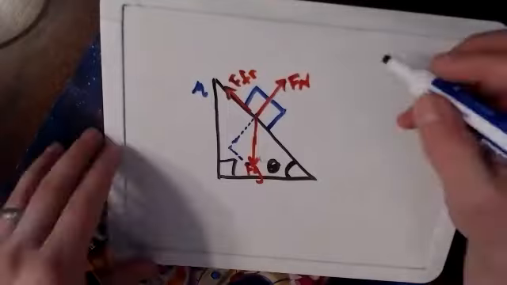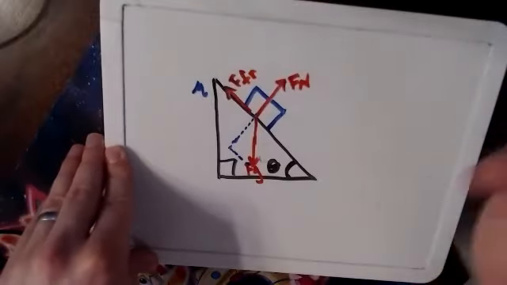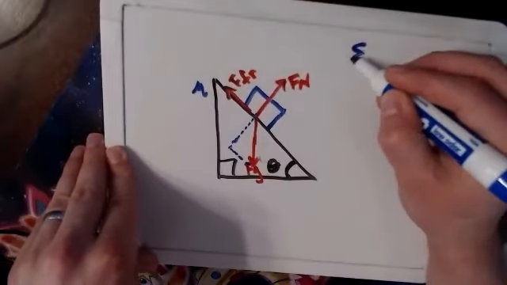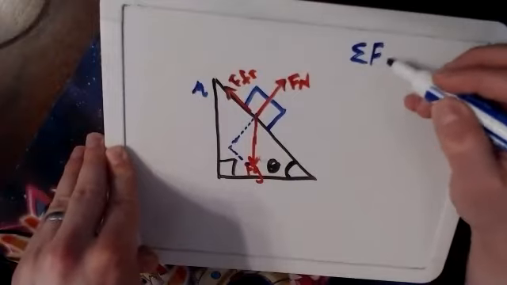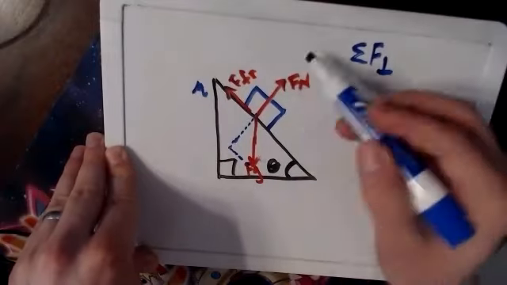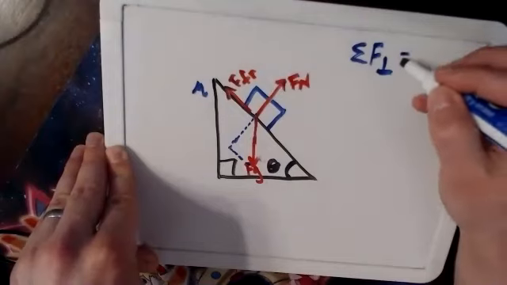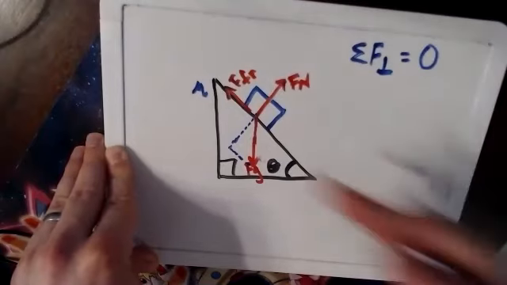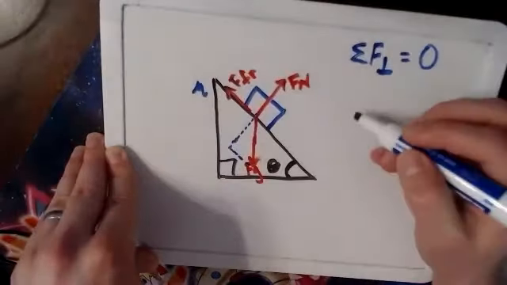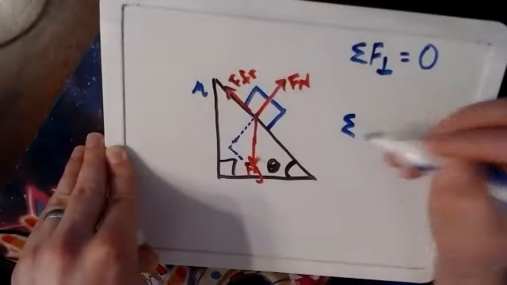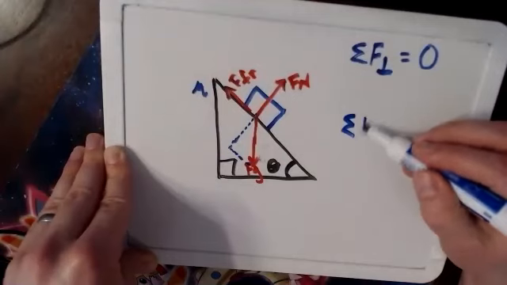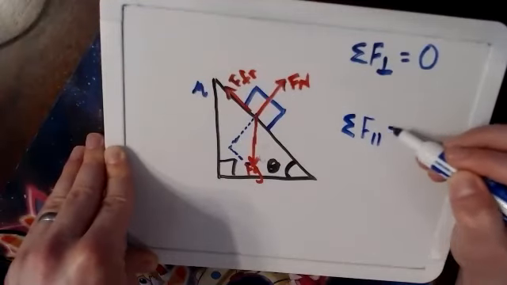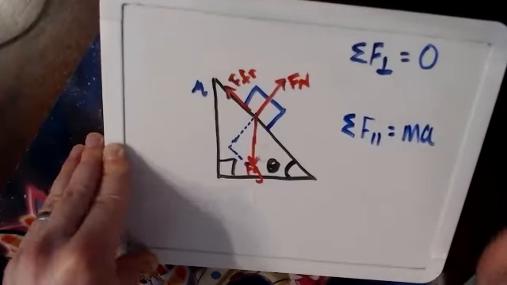So when you break this down, just to give you an idea of where we're going, we want to say the forces perpendicular to the plane, 90 degrees, equal 0. It's not accelerating through the plane. However, the forces parallel to the plane, there may be an acceleration. So we say sum of the forces parallel equals ma.